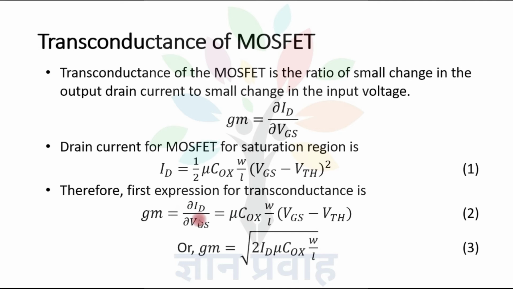From these two gm equations we can see gm is proportional to VGS minus VTH, or gm is proportional to root ID.